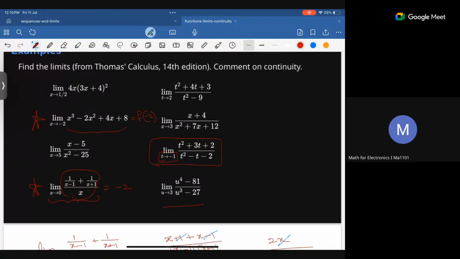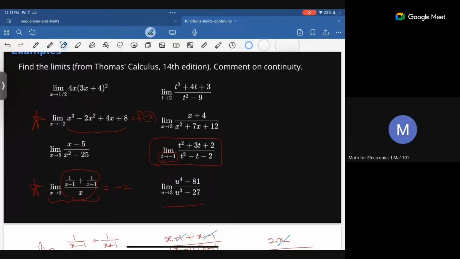So in this case, if you directly substitute -1, what will happen is -1 whole square plus -3 plus 2, and the denominator is also -1 whole square minus -1 minus 2. So you'll see that the numerator will become 0 and the denominator will also become 0. If you encounter these cases, that means the numerator and denominator both have the same factor that needs to be cancelled out. So for that, you have to factorize it.